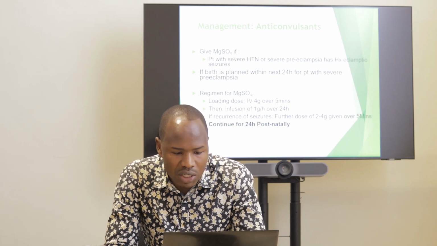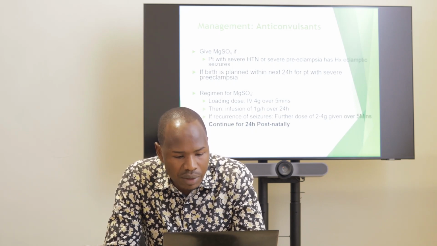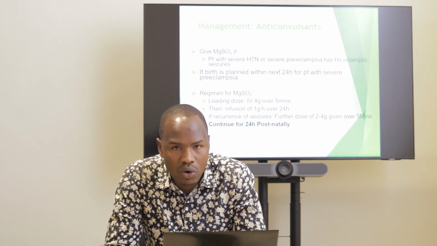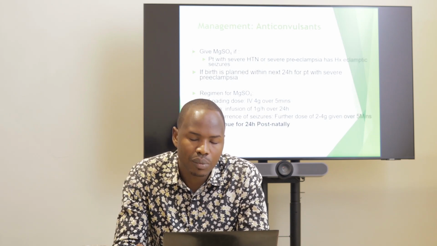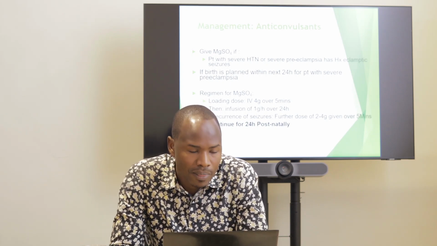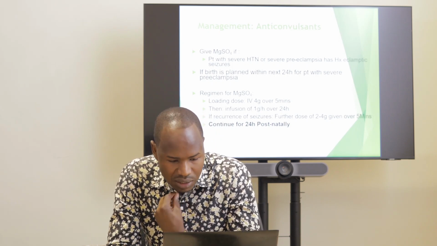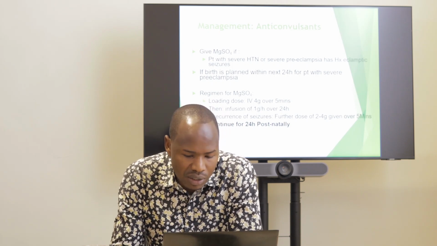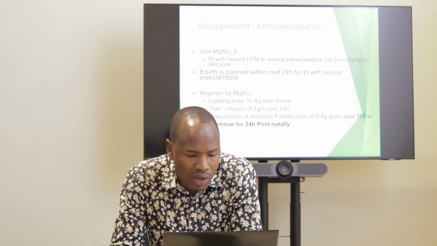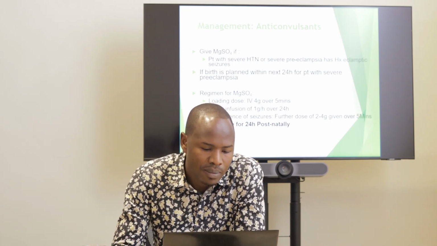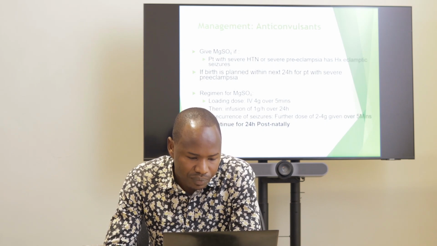It means patient with severe hypertension or severe preeclampsia or has history of eclamptic seizures, and if the birth is planned within 24 hours with severe preeclampsia, we have to give magnesium sulfate. How to give it?